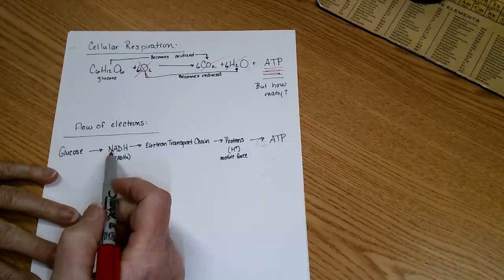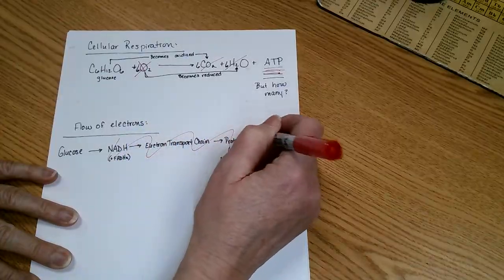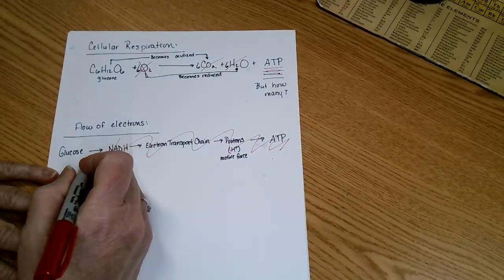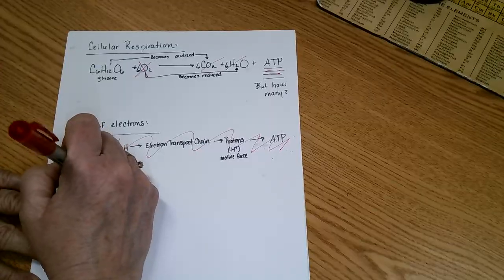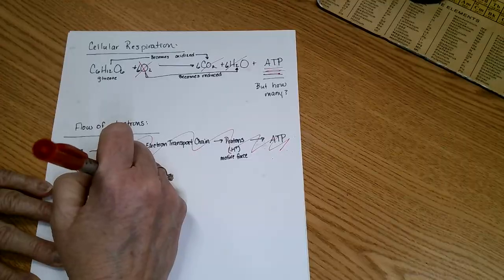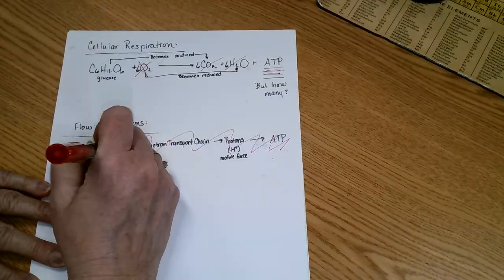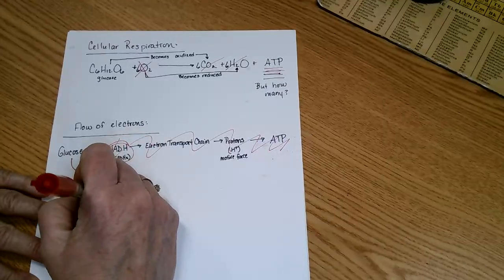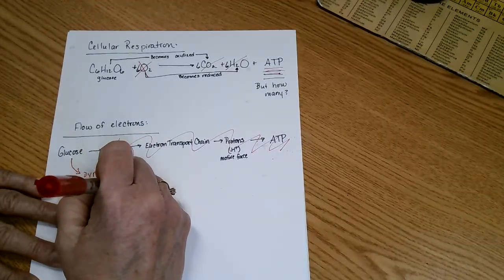Well, let's look at this flow of electrons. Nothing of this is going to happen. So what are we going to have? If we don't have any NADs, what do we have? We do have glucose that's going to form pyruvate, right? But those NADs aren't going to be able to be pulled out. So it's going to be pyruvate and NADs, okay?